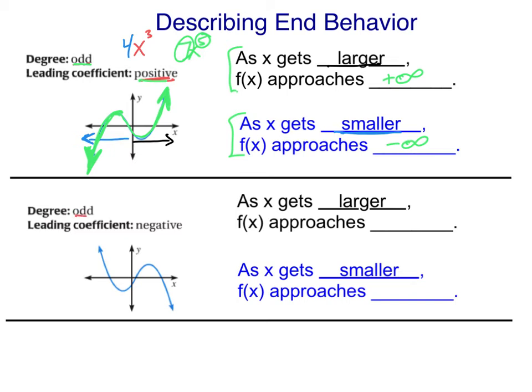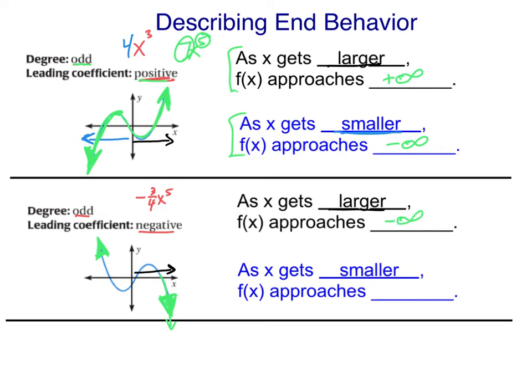The next one is odd negative. So as an example, negative 3/4 x to the 5th could be that. Take a look at how it looks. Again, I'm really worried about what these arrows here and here are going to tell us about the graph. So as x gets larger, as x approaches that direction, notice how the polynomial is going down, so I write negative infinity in that blank.